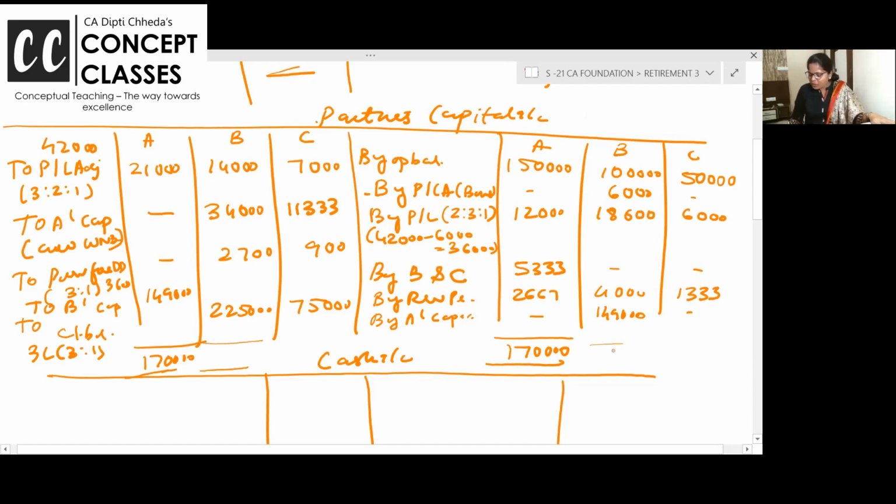Now reverse, you all work. You all know for B closing balance you want 2,25,000 plus 2,700 plus 34,000 plus 14,000, that is 275,700. 275,700 minus 1 lakh minus 6,000 minus 18,600 minus 4,000 minus 149. There is shortage of the cash.